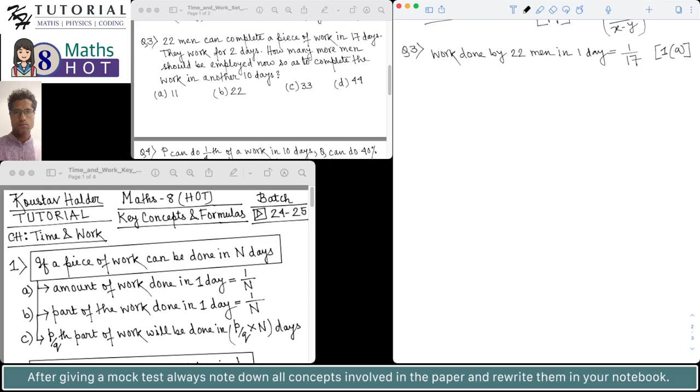Now, using a simple unitary method, work done by 22 men in 2 days, since these 22 men have worked for 2 days, will be equal to 1 by 17 multiplied by 2. This is equal to 2 by 17. So basically, 2 by 17th part of the whole work is completed in 2 days by 22 men.